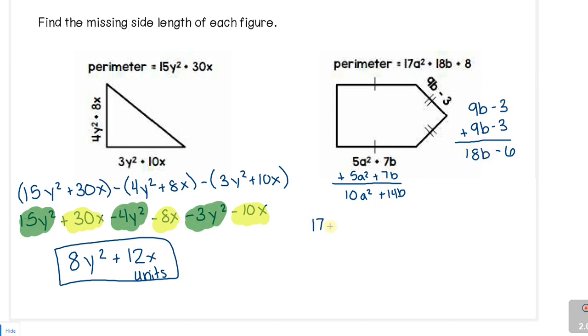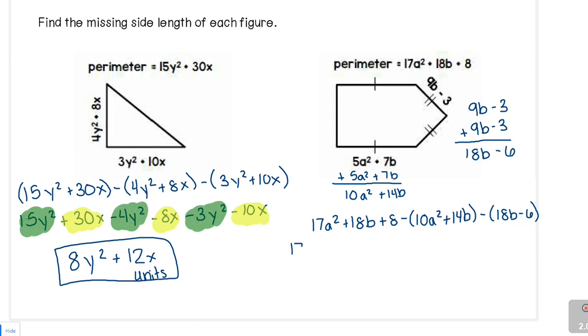So we have 17a squared plus 18b plus 8. We are going to subtract out 10a squared plus 14b and subtract out 18b minus 6.